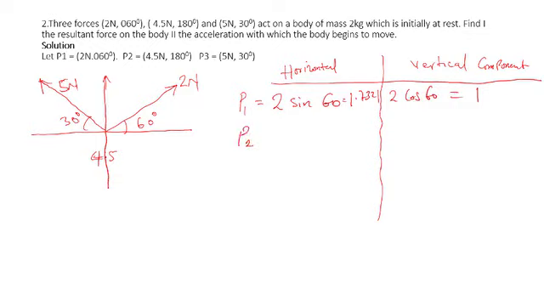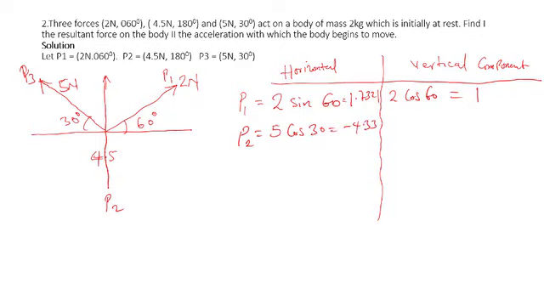Now we are resolving the second force. Let's call this P2, this P1, and this our P3. We are trying to resolve them. In resolving our P2, we say it is equal to 5 cos 30, which is equal to minus 4.33.